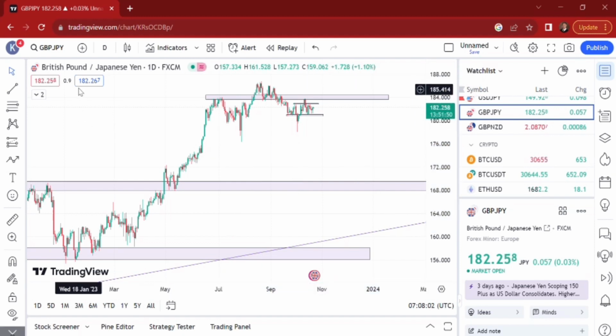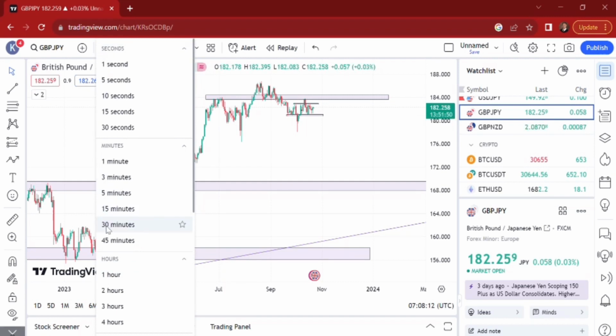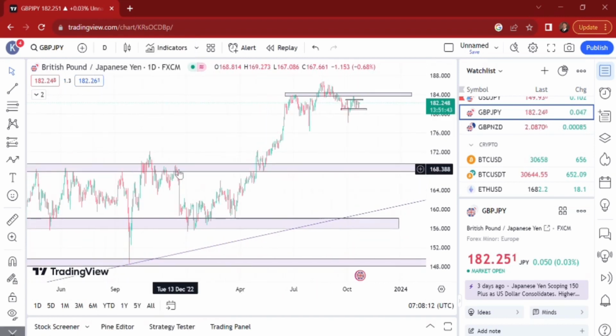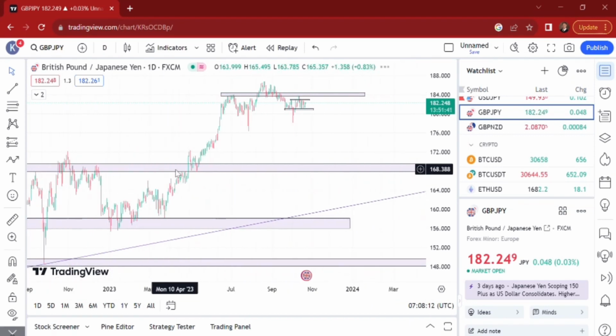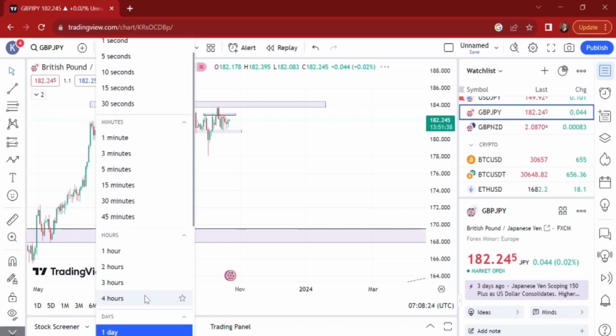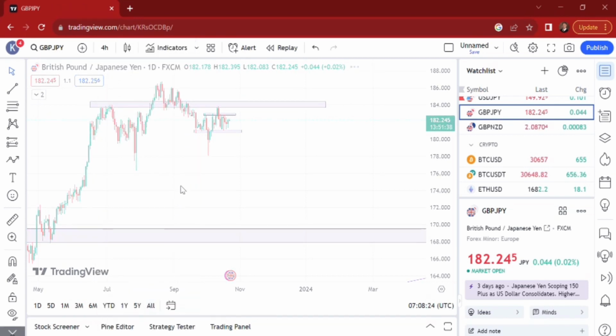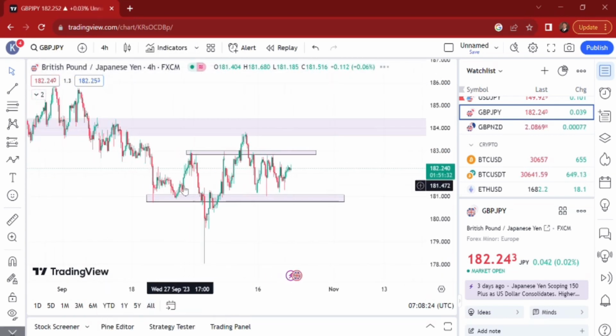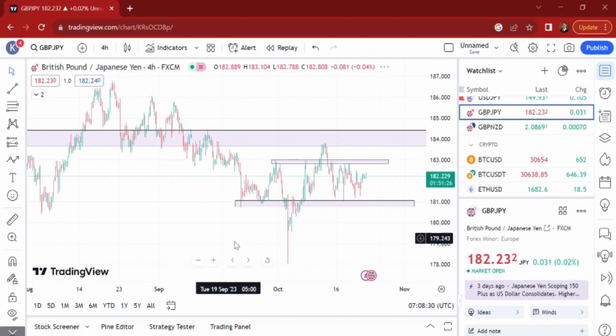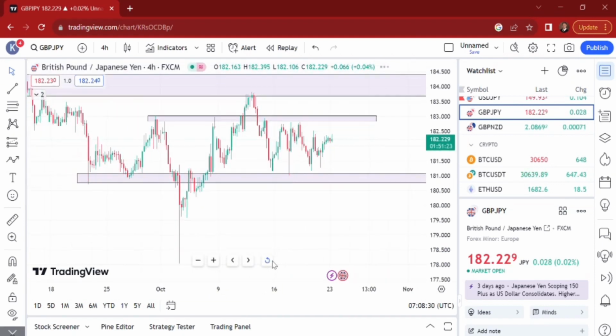Now we go further to the 4 hour time frame, so we can see what's going on from there. All right, so back to the 4 hours. On the 4 hours as well, we can still see the trend from the 4 hours.